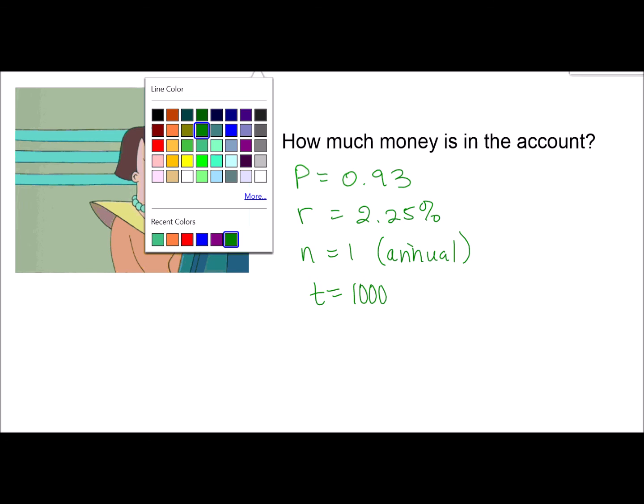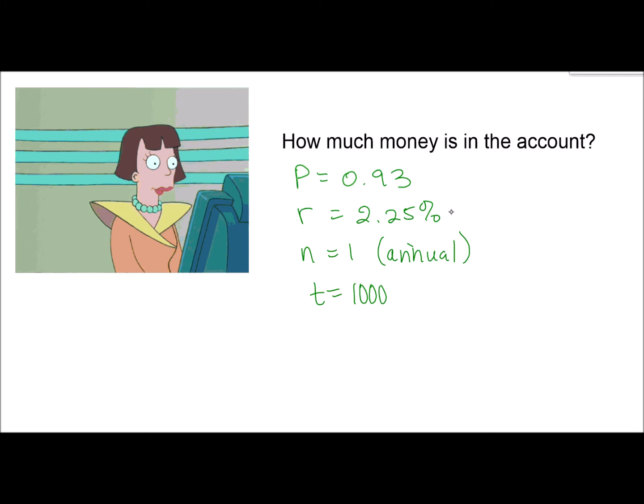Okay, first let's turn our R into a decimal, so 2 places to the left and add a 0, 0.0225. And then it's going to be this formula, the regular compounded one, but with the n equals 1.